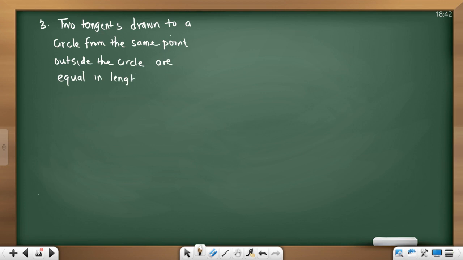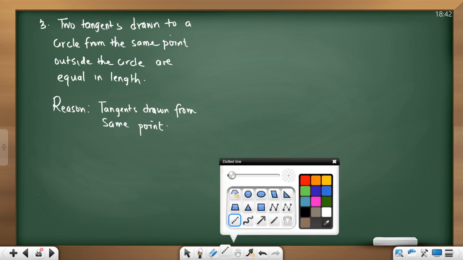Two tangents drawn from the same point. What's our reason? We're going to say tangents drawn from same point. They are going to be equal in length.